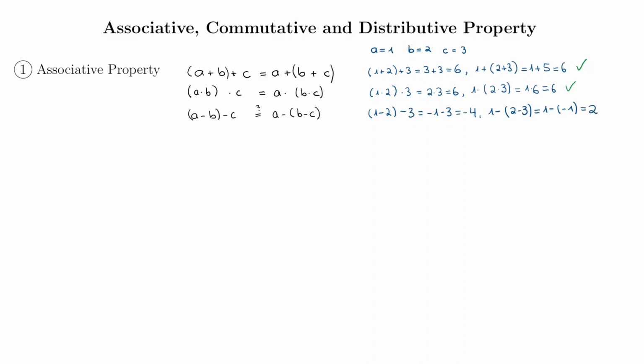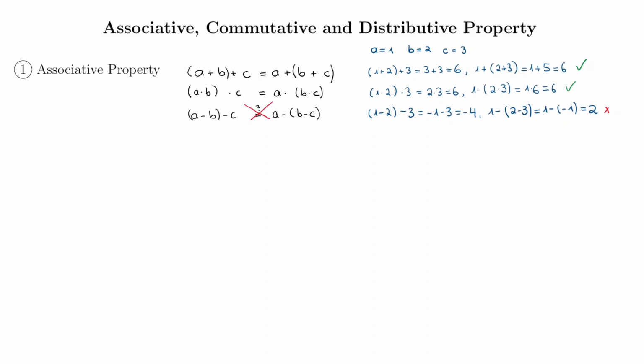So now here we see the left side will be minus 4, the right side will be 2. So we do not get the same result, and this is not true. Subtraction is not associative. So we cannot put the brackets however we want to, because it will change the result. So we are never allowed to do that.